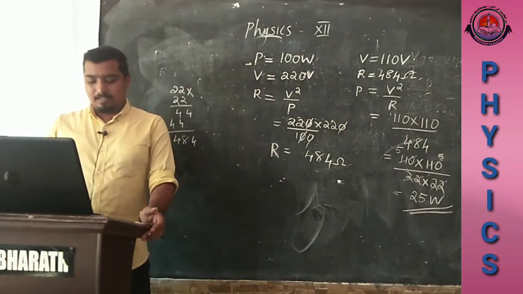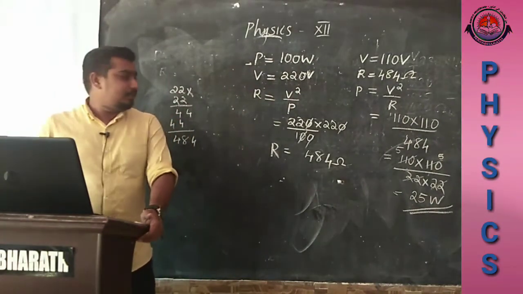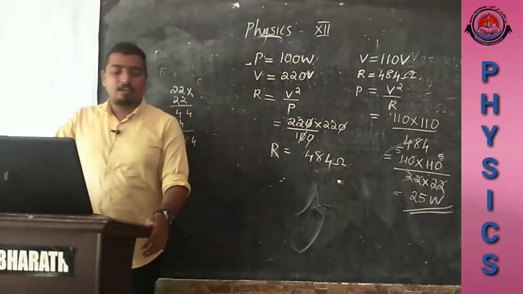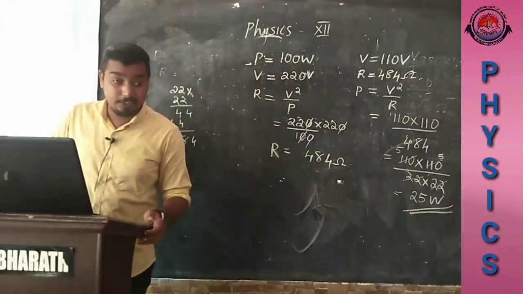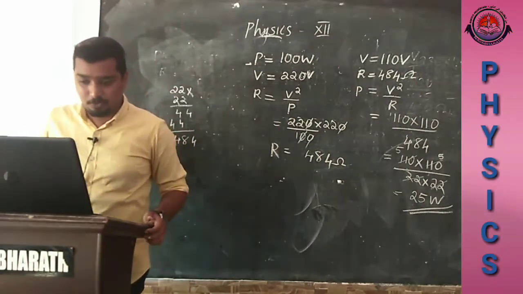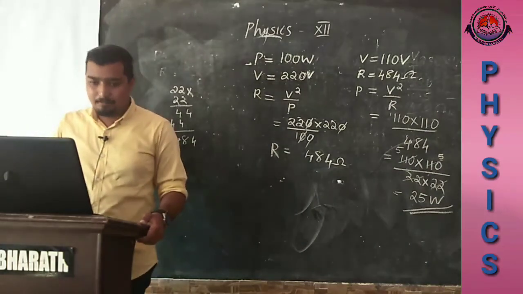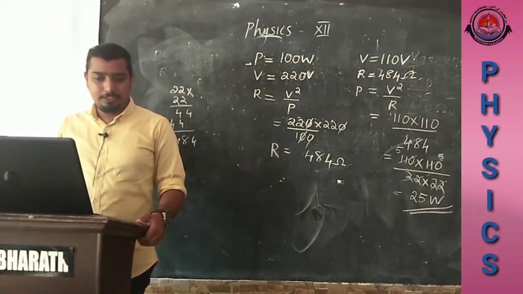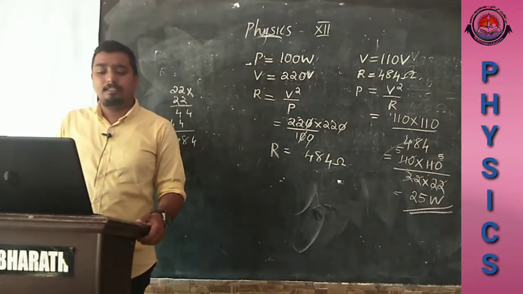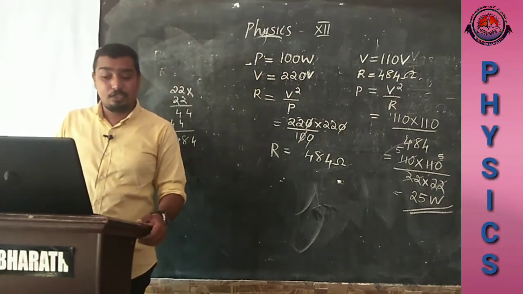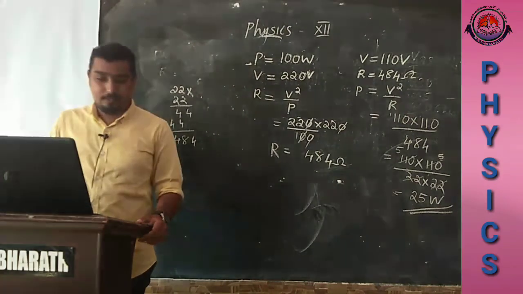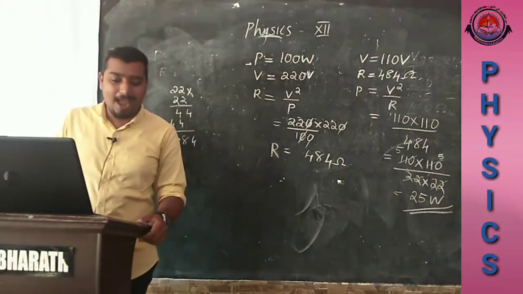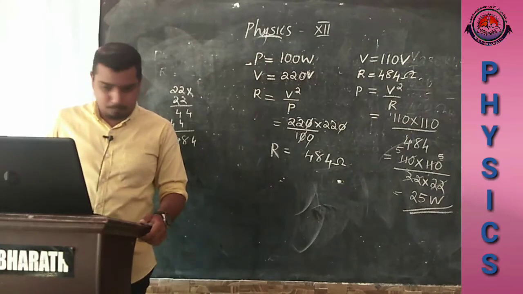Clear? Okay. Then the next question. This question is the homework for you. Two lamps, one rated 100 watt at 220 volt and the other 60 watt at 220 volt, are connected in parallel to the electric main supply.